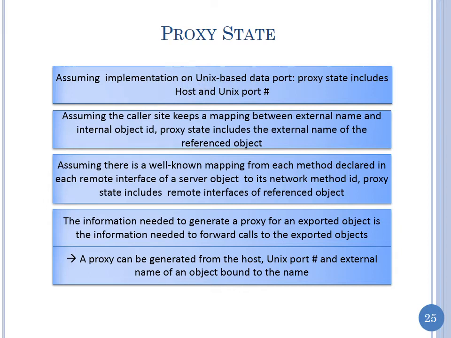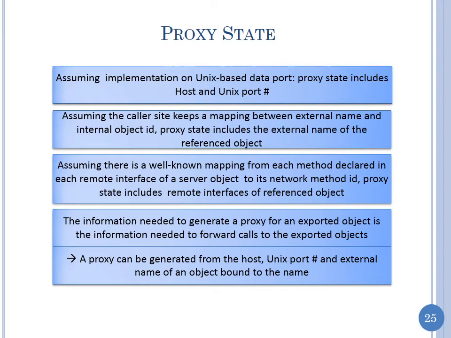So the implication of this is that the proxy can be generated from the host, Unix port number, and an external name of an object bound to the name, making these assumptions about the implementation. That in turn has an important design implication, which I've used in GIPC.